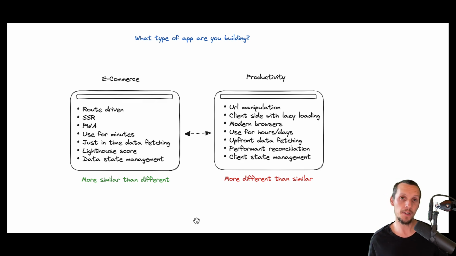But in a productivity type of application, you typically sit on more of a laptop or desktop type of experience. You're on Wi-Fi or a local network, and you can do a lot of upfront data fetching. You don't need to get into the experience immediately. You can get a lot of data so that the rest of the experience feels super snappy. Even though there's certain data you don't use, that's perfectly fine.